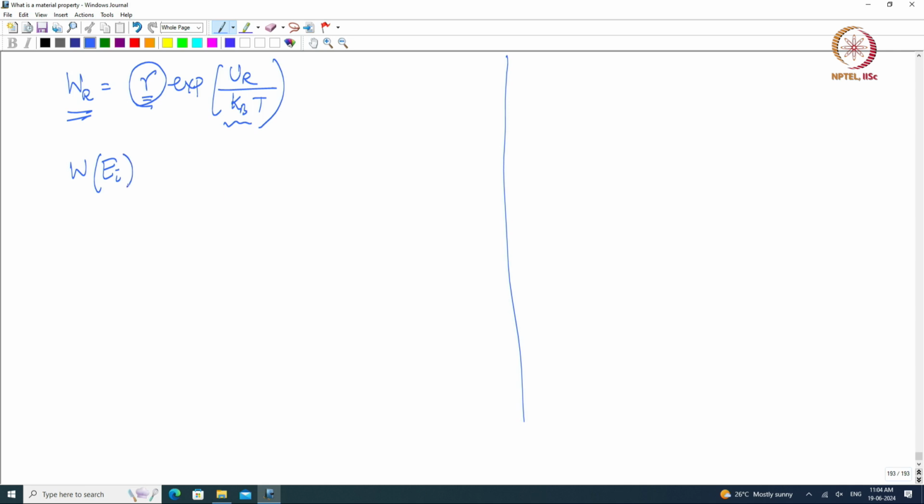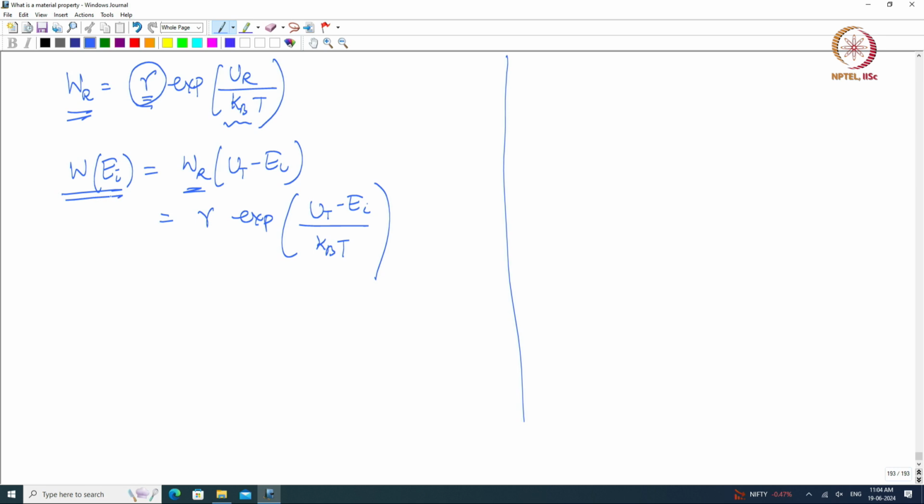W of EI we said is nothing but WR of UT minus EI. And that would be equal to gamma times, we know what WR is now, exponential of UT minus EI, that is UR by KBT. So the total number of states, system plus surrounding, is actually now expressed in terms of the temperature of the reservoir.